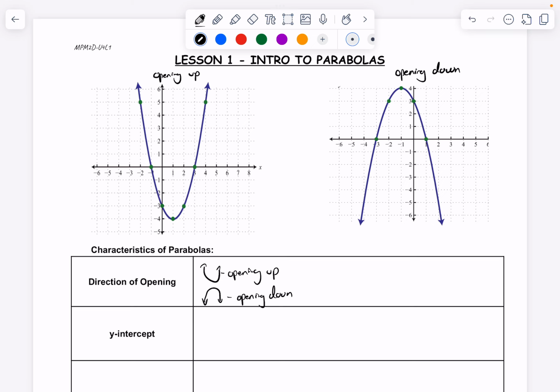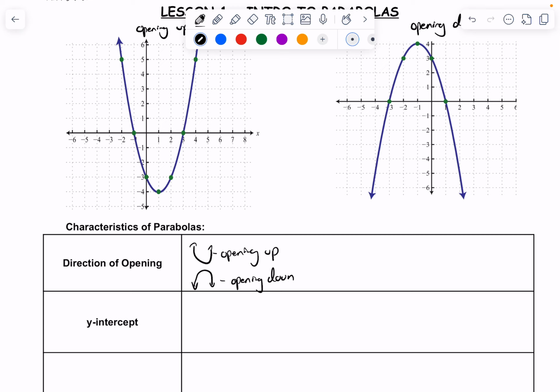All right, and what determines that direction of opening? Well, I've already alluded to this, and we're going to get way more into detail in the later lessons. But if I gave you a quadratic equation in standard form, y equals ax squared plus bx plus c, it is this a term right here that determines the direction of opening.